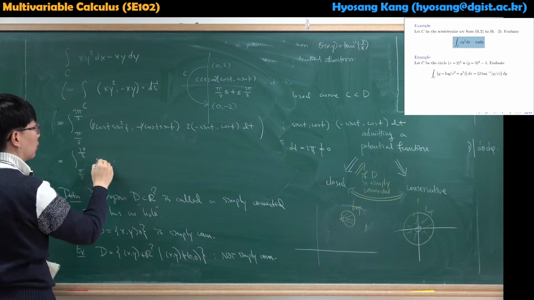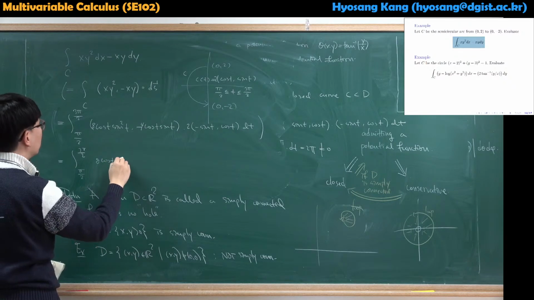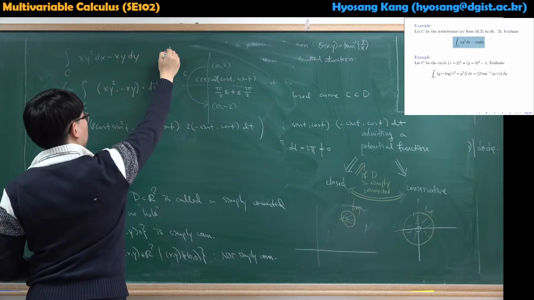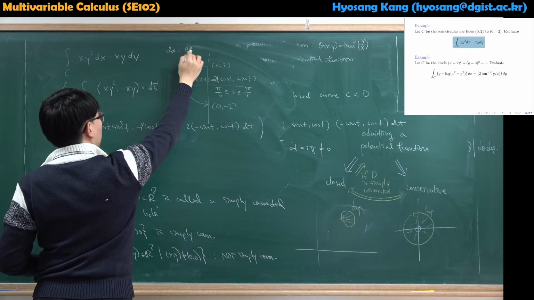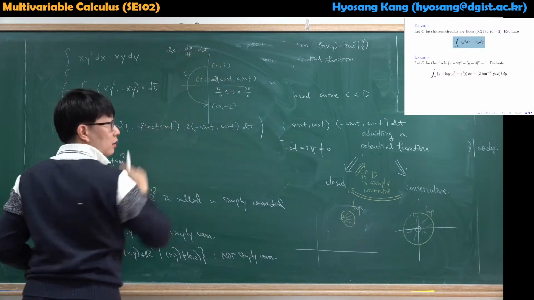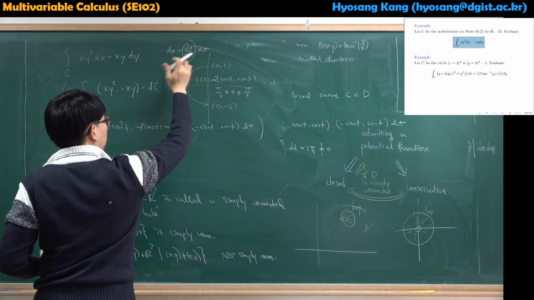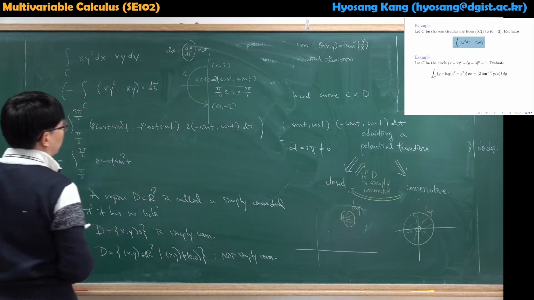So 8 cosine t sine squared t, and then dx becomes dx/dt times dt. Just multiply this derivative in terms of t with dt.